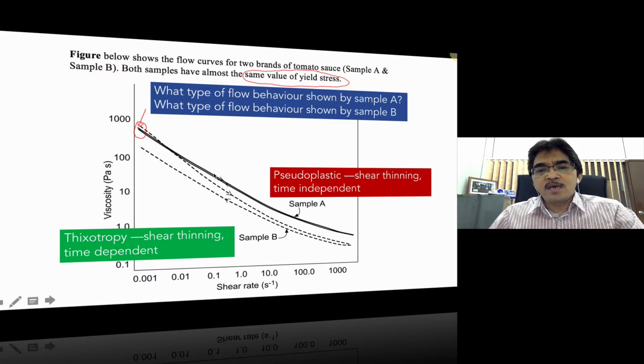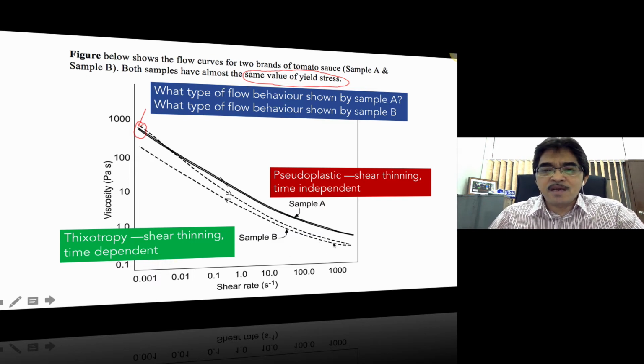You can see here the first curve, the up curve when we increase the shear rate, and the down curve when we decrease the shear rate, do not overlap. You can see some area between the up and the down curve, which we call hysteresis. When we get this situation, we can say that this sample, in this case sample B, exhibits thixotropy, shear thinning but time dependent.